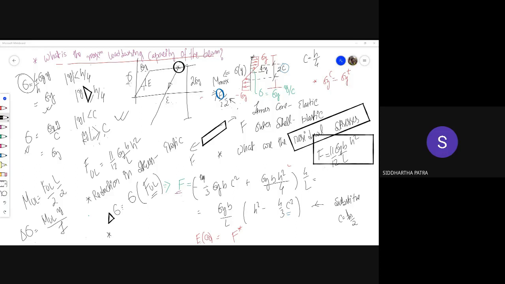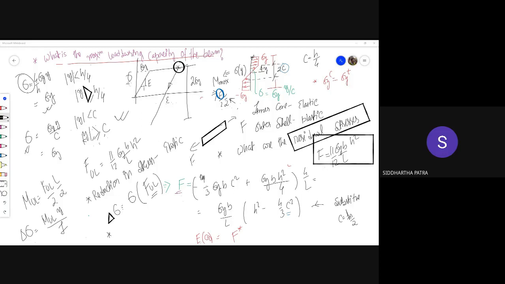Okay, now because the second part of the process, I mean, the loading part was elastoplastic, but the unloading part is simply elastic, and that too linear elastic, you can do linear superposition.